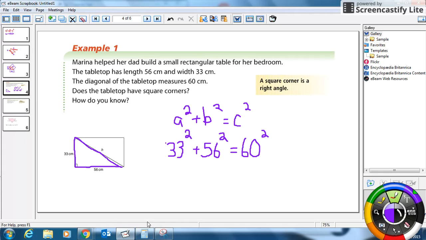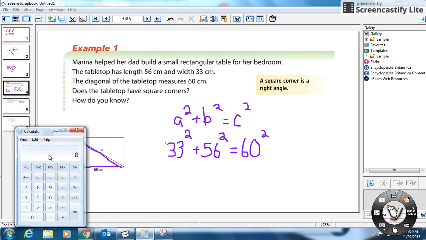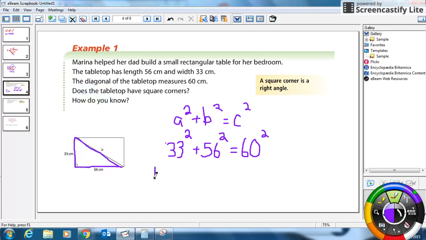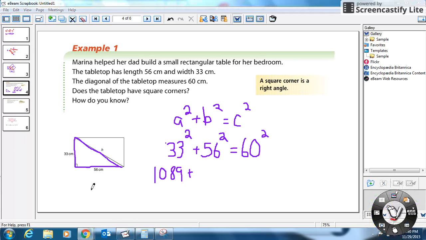Okay, let's pull up our calculator and see if we can figure this out. So 33 squared, 33 times 33, is equal to 1,089. Plus, let's pull it back up.